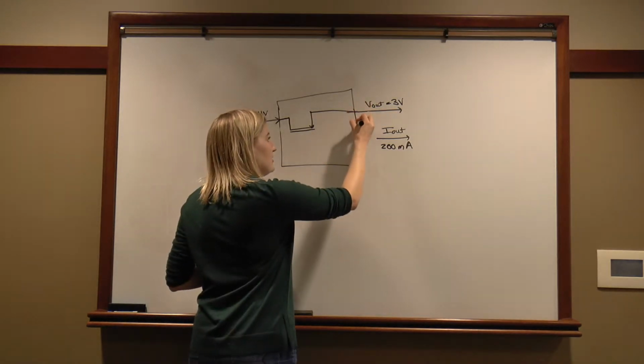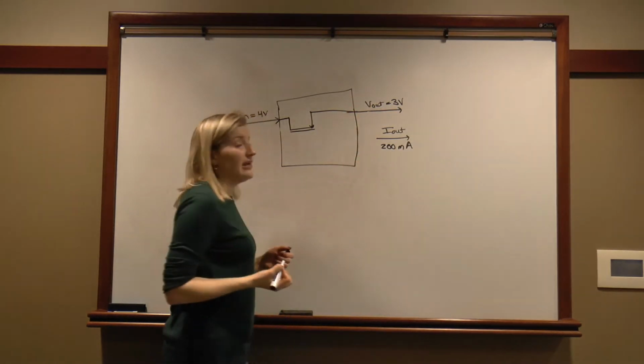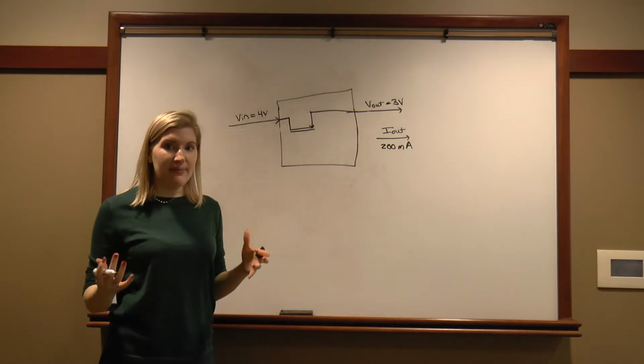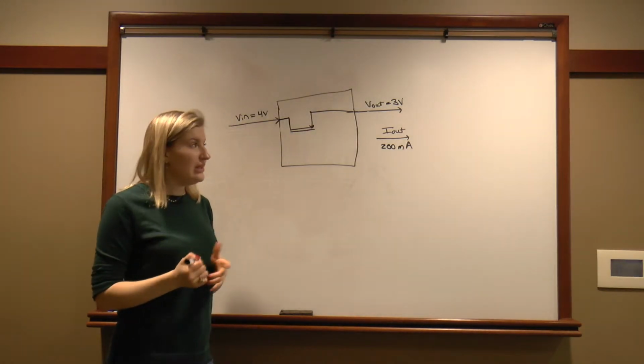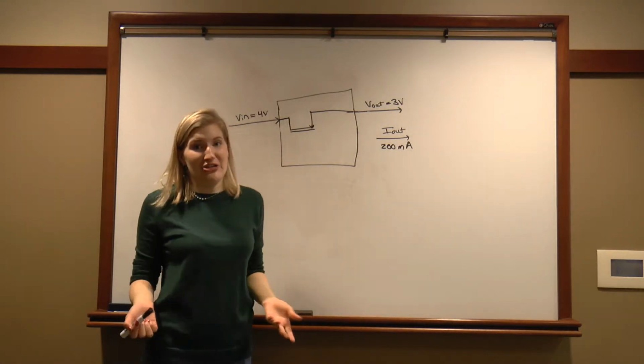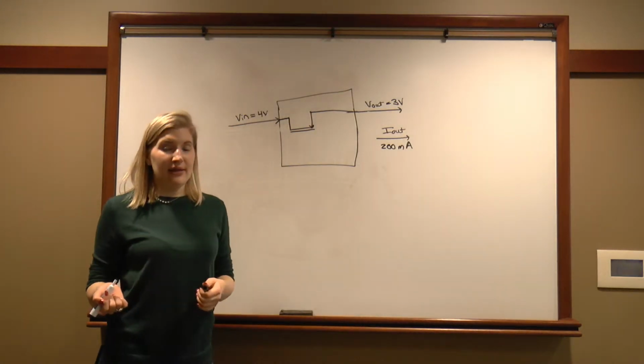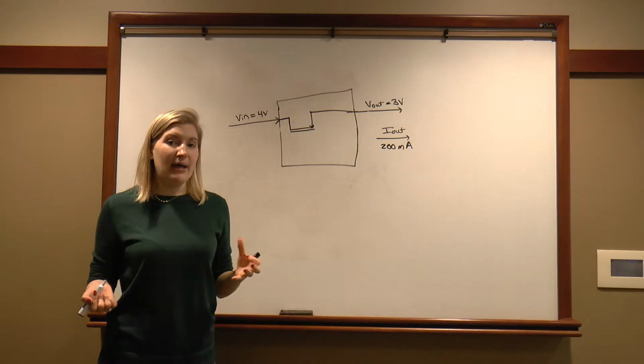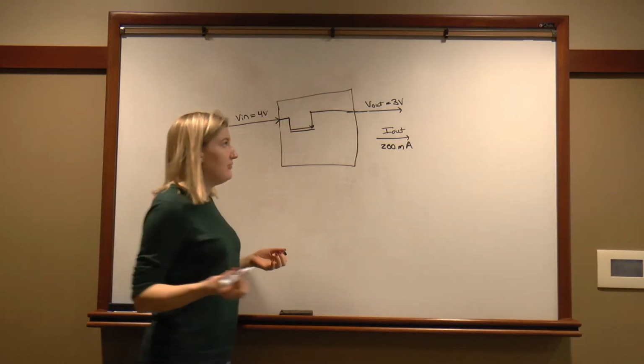Now, this linear regulator is the first regulator that employs negative feedback, which really means just sensing the output, and if it's not what we want it to be, doing something in the circuit to change it. And we can realize this negative feedback by using an op-amp, operational amplifier.